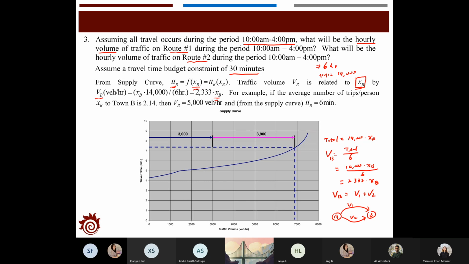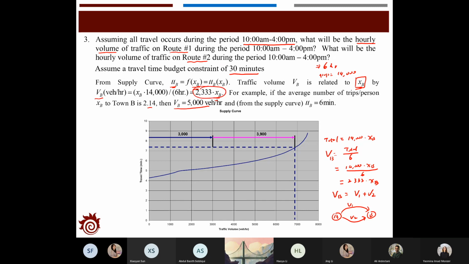And if we have the average number of the trip as, say, 2.14, then you can actually calculate the number of the volumes as 5,000 vehicles per hour, which comes from this equation.